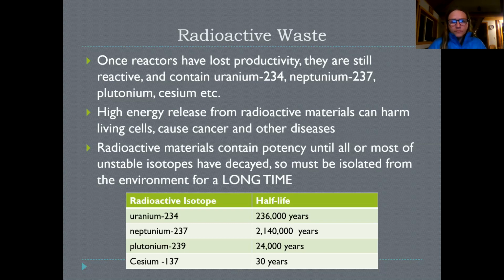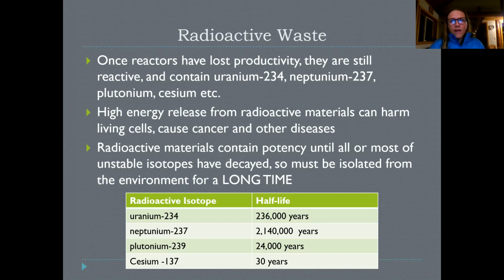So the idea with radioactive materials is that we can't time exactly how long it takes for each radioactive atom to experience this transformation or decay. But if we have a large group of atoms, we can estimate how long it will take for half of them to break down, and that's what a half-life is.